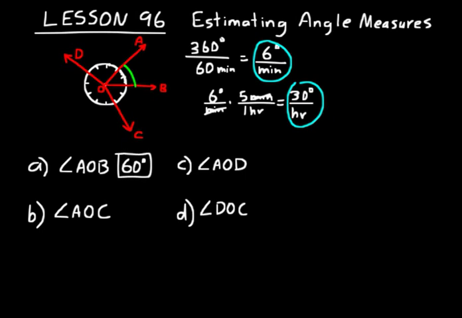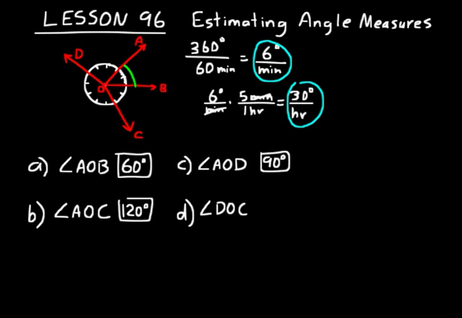Angle AOC, look at that one. Just count up the hour marks: 1, 2, 3, 4. So we can estimate 4 times 30 is 120. That's a 120 degree angle. Angle AOD, look at that one. We have 1, 2, 3 hour marks that we can see in between those two. So that would be a 90 degree angle.